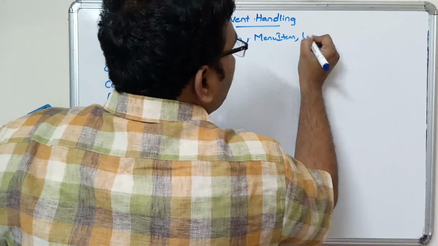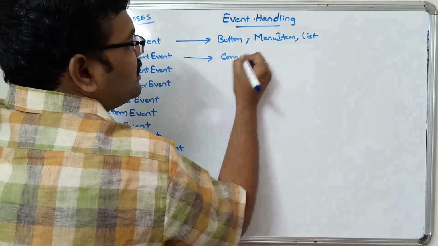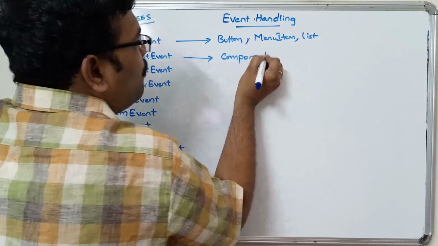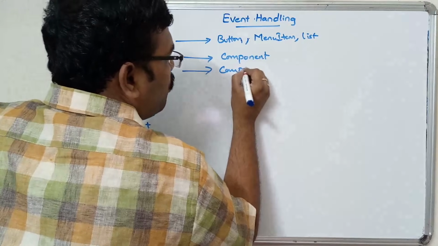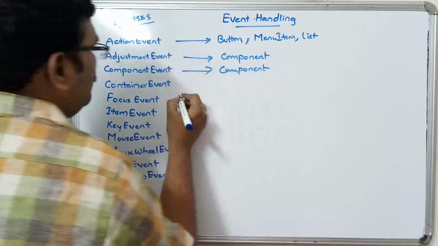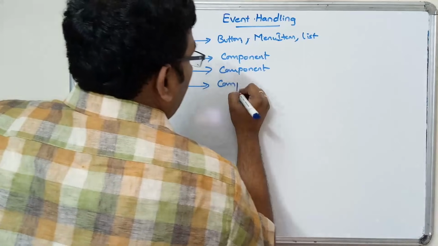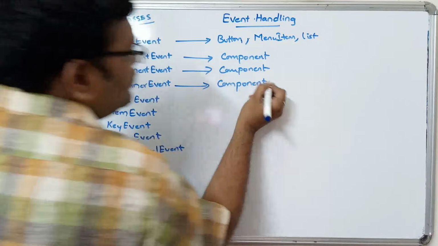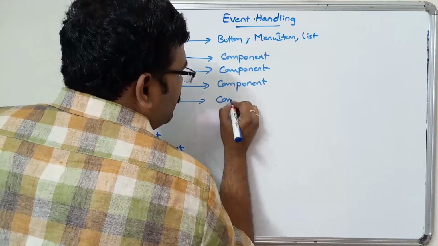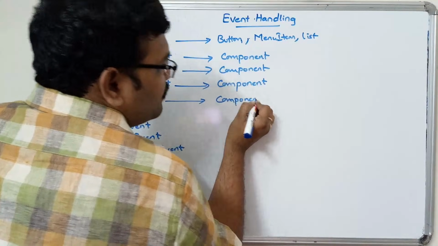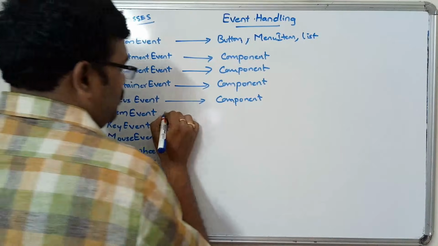Adjustment event is responsible for a component. Component event is also responsible for component events. Container event is also responsible for components. Focus event is also responsible for components, for gaining the focus and losing the focus.